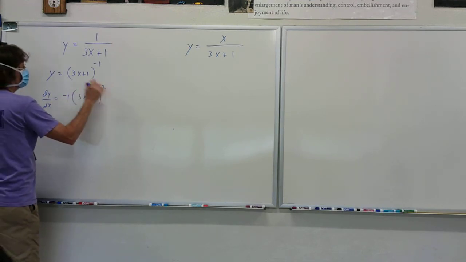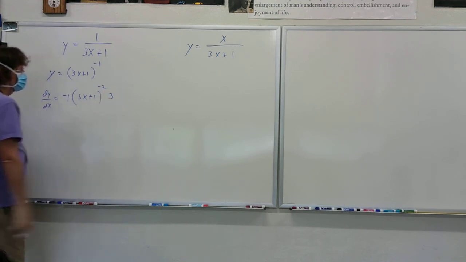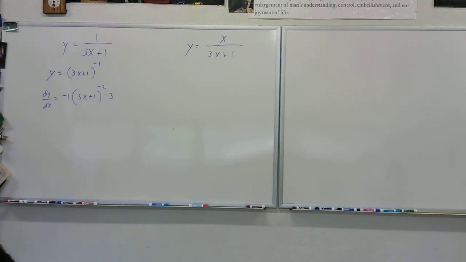Subtract 1, take care of that, get 3. That is a nice little shortcut for avoiding the quotient rule as long as you only have what in the numerator? Constant. If you try to do this with that over there, you're going to have a bad day.